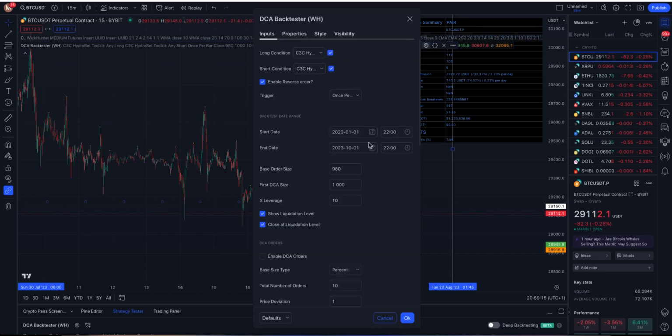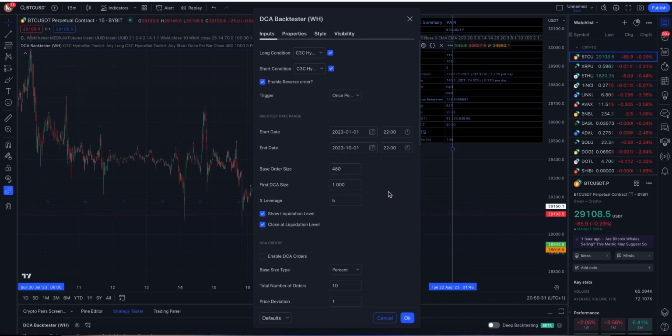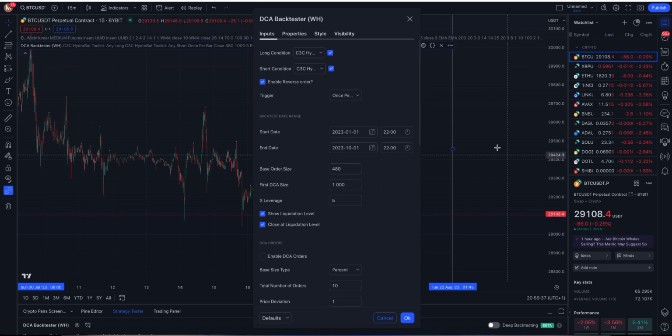I mean, another thing that I'd like to do is if we change the leverage to 5%, which means that if we're using 100% of the account, this would be 500, but we need to leave some in for fees. So I'd put that at 480. So now if we do a 5% stop loss, we're only losing 25% of the account.